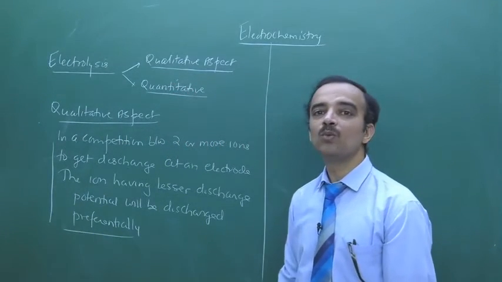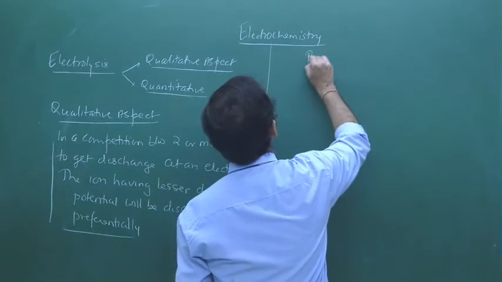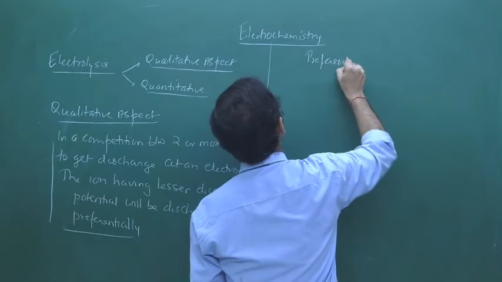Now let us write down the preferential order of discharge at cathode.